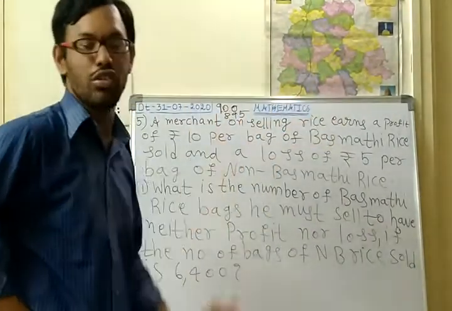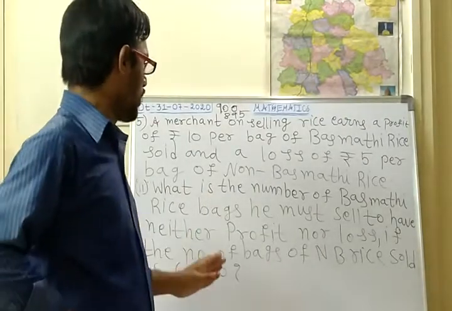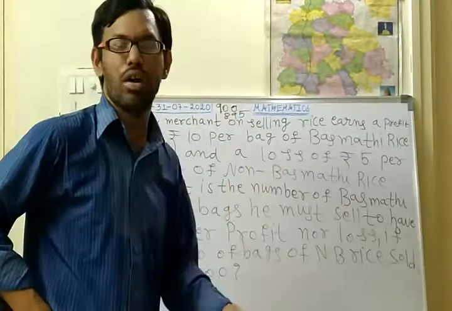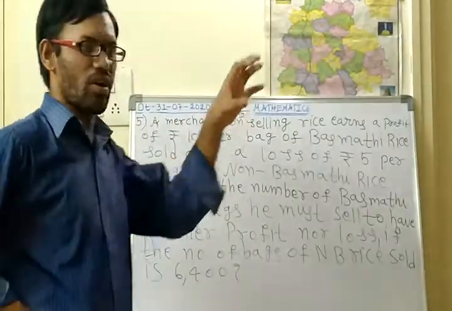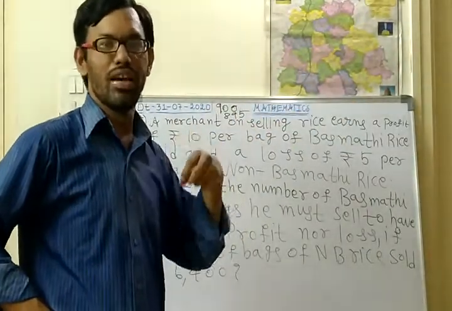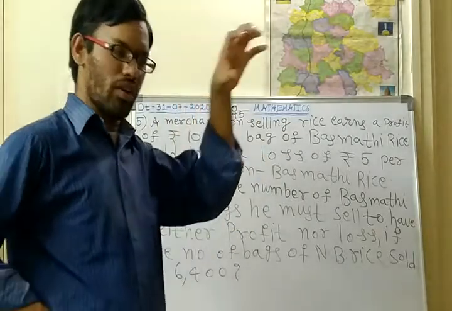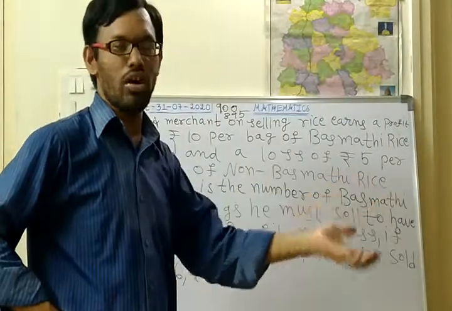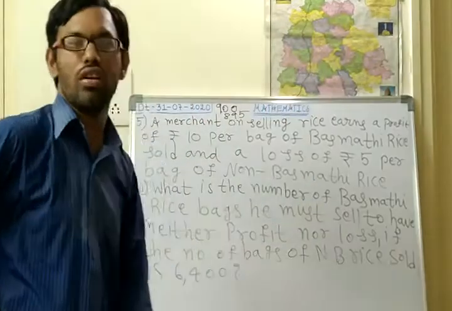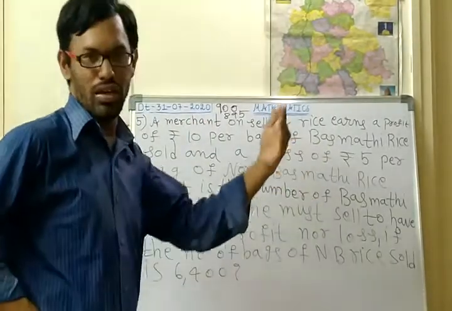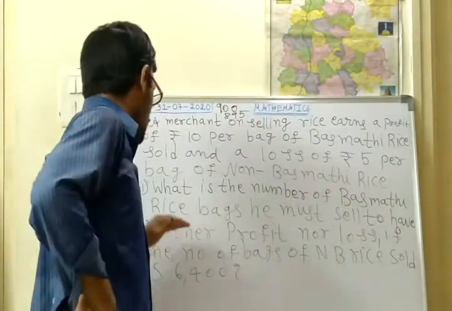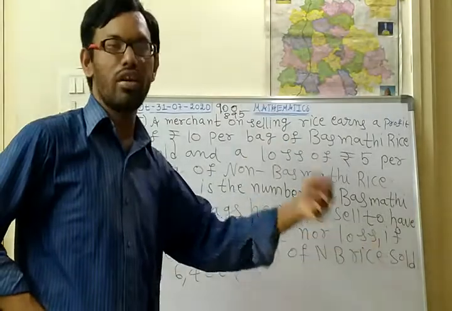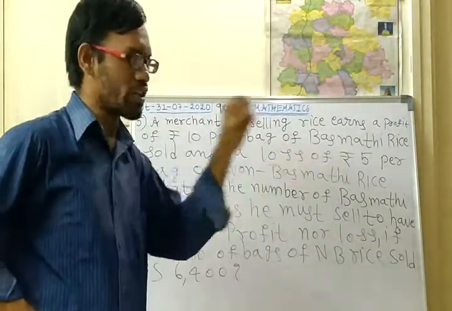Suppose we want neither profit nor loss, then whatever cost he paid, for that cost only he has to sell to the merchants, to the customers. So he won't get extra money or lose extra money.